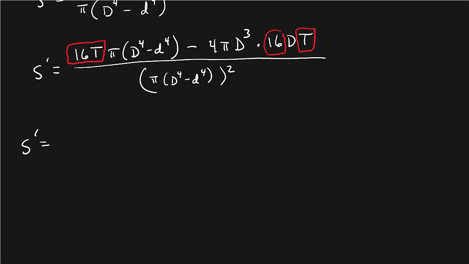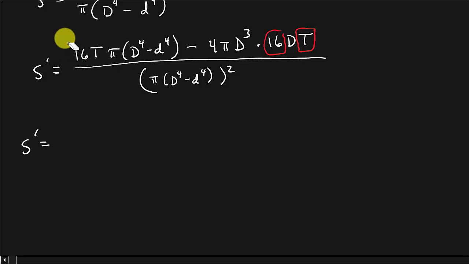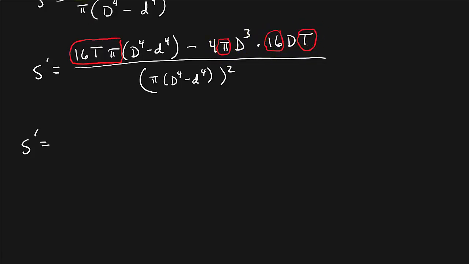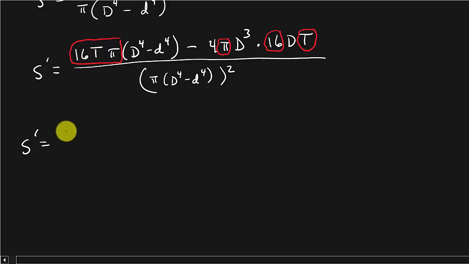Let me rephrase that. We've got a 16t pi. You see that? I've got a common factor of 16t pi. So that's going to be 16t pi times, now look, when I pull the 16t pi out of here, I'm left with D to the fourth minus little d to the fourth.